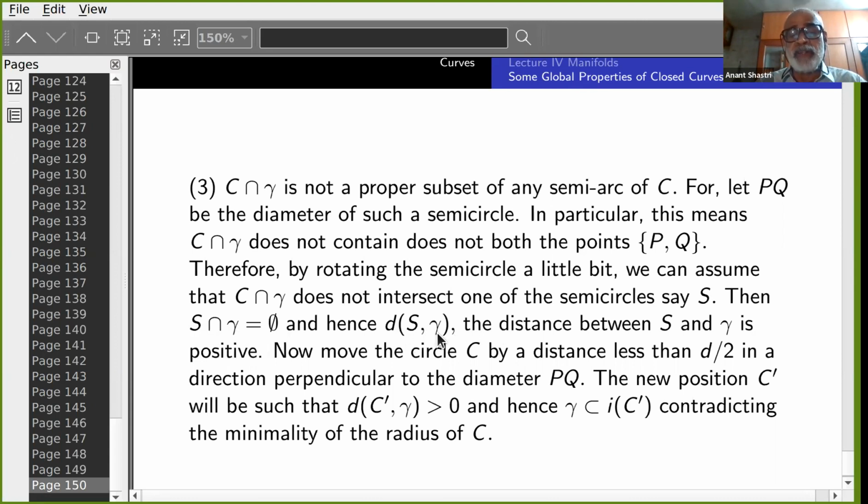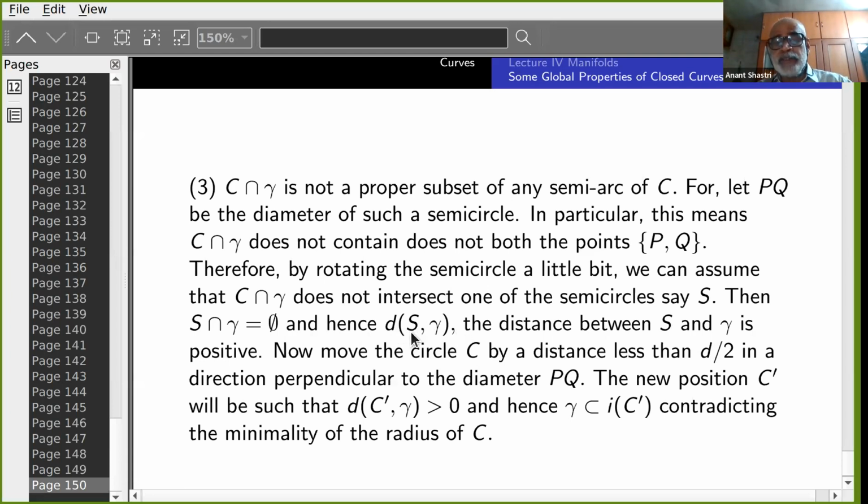The distance between S and gamma is positive. The distance between any two disjoint compact subsets, closed and bounded subsets, is positive. They are both closed and bounded subsets. Now move the circle C by distance less than this d by 2.